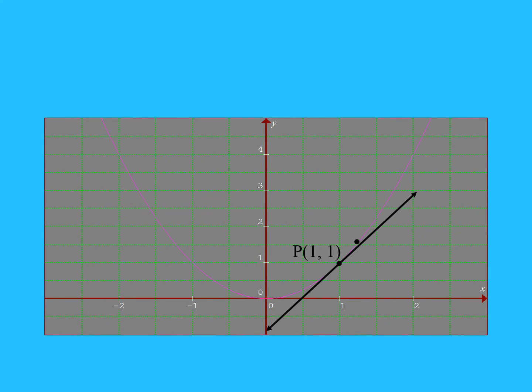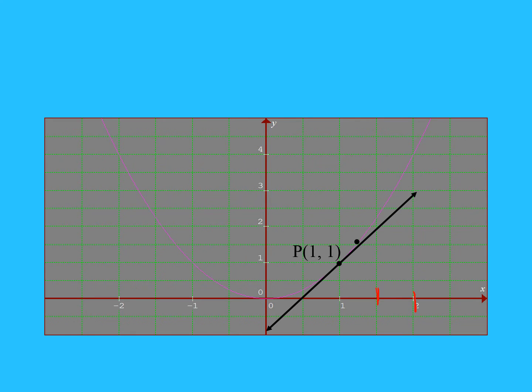Well, we could repeat this process and then choose a point for x closer to 1 on the right side of 1. And notice, we chose, first of all, x equals 2 to create a secant line.